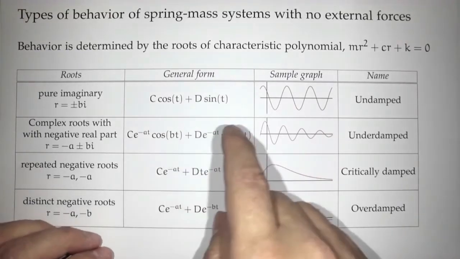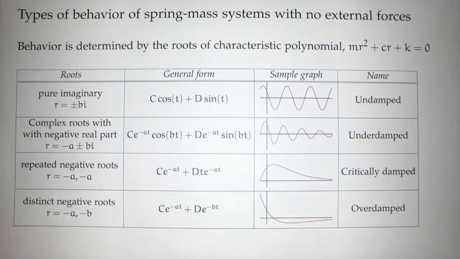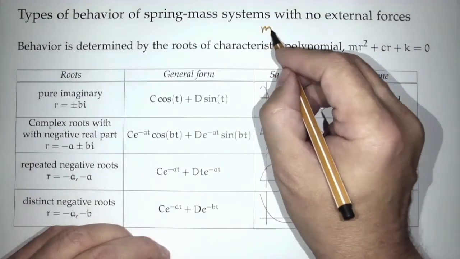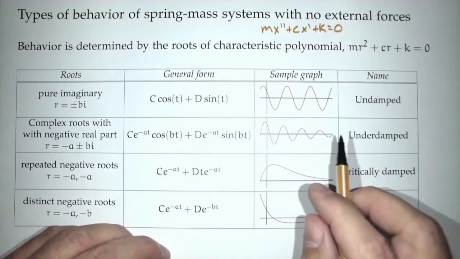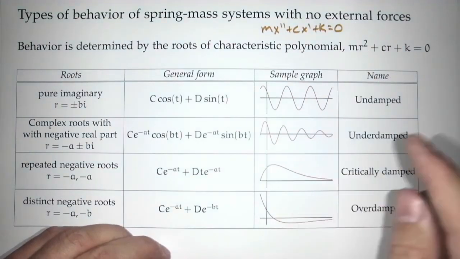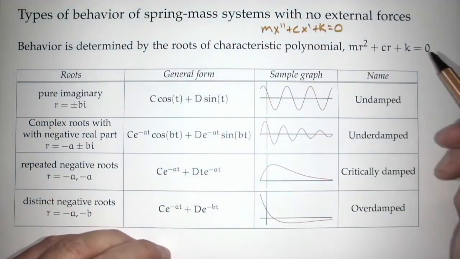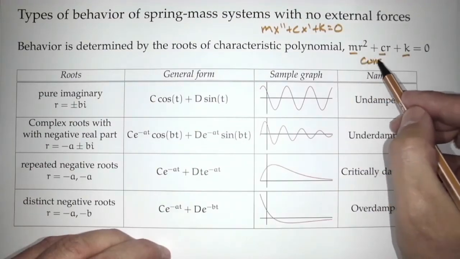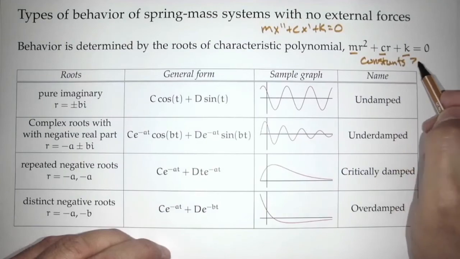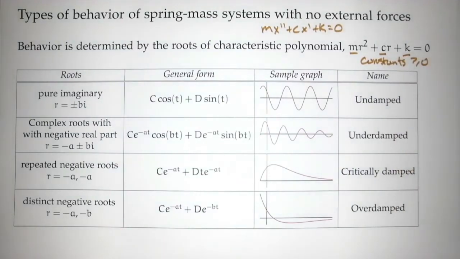Well, it all comes down to saying, look, we know what our differential equation looks like. We know it has to have that form, mx double prime plus cx prime plus kx equals 0, because there's no external force. We also know that because these constants are always greater than or equal to 0, that says that all the roots have to be negative in their real parts.